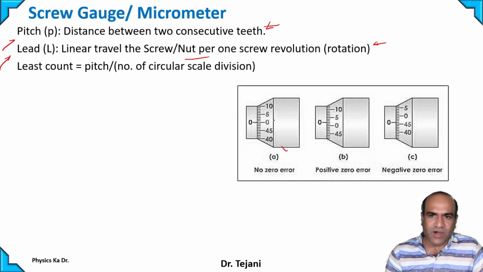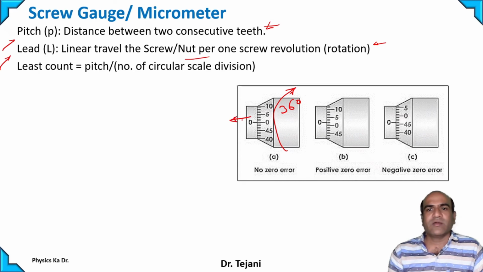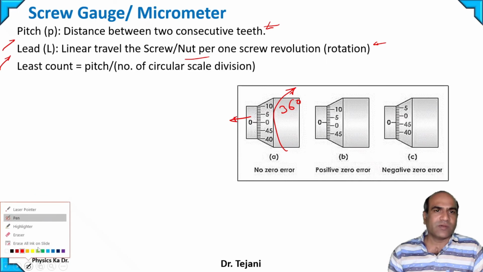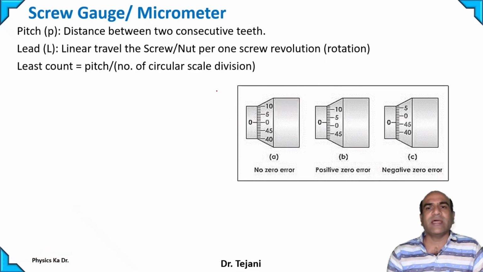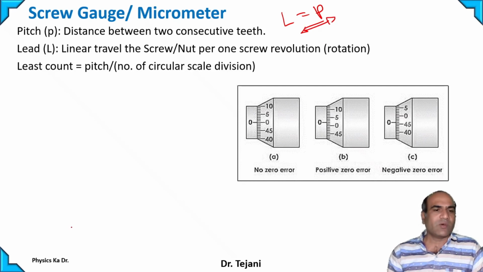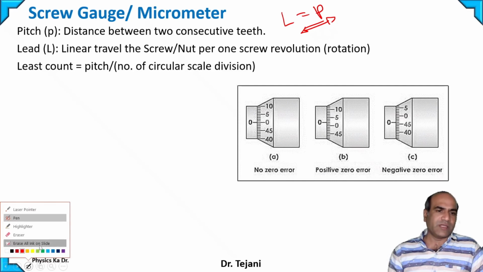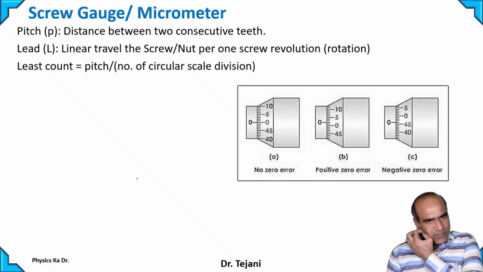If we take one full turn of 360 degrees, that movement of the screw is the lead. And in the case of a screw gauge, the lead and pitch are both equal. But we need to understand the difference between lead and pitch, because the examiner knows, and they may change the question for that.